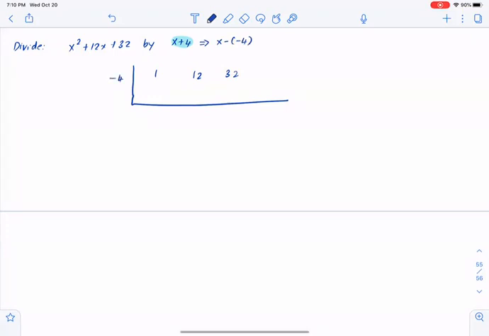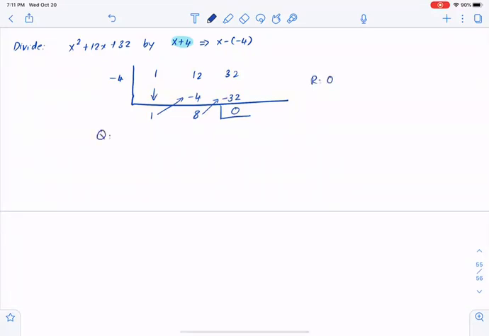Minus 4 goes up there. 1 comes down, negative 4 times 1 is negative 4. We always add with synthetic division. 12 plus minus 4 is 8. We multiply 8 with the negative 4, we get negative 32. When we add, we'll end up with 0. So the remainder is 0.